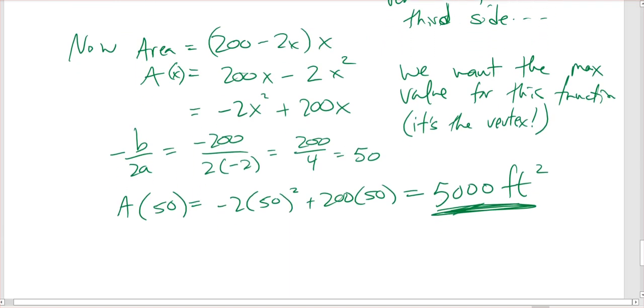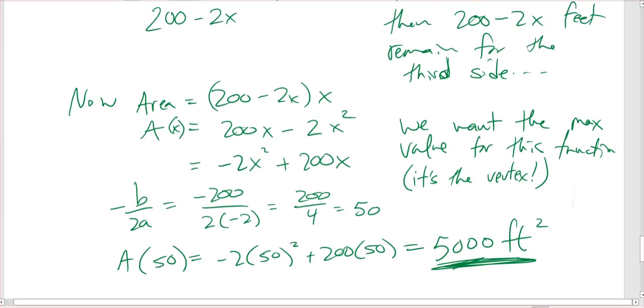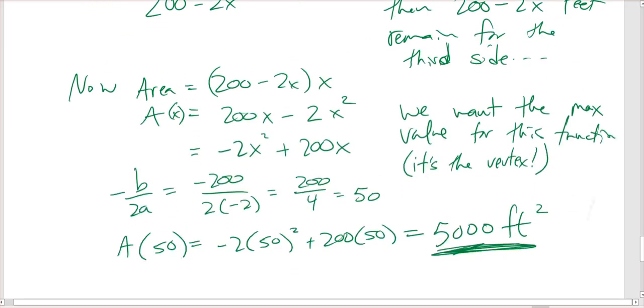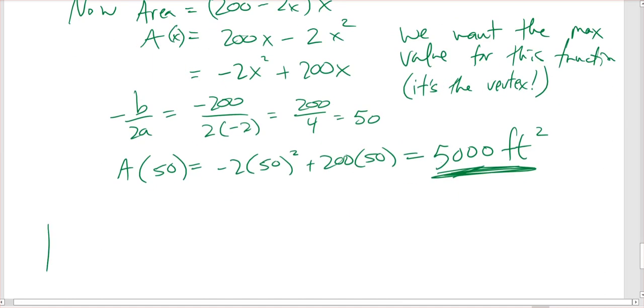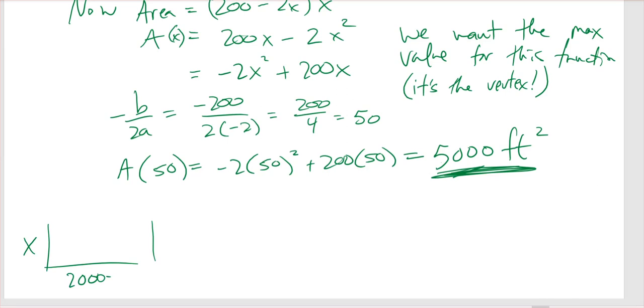Now, be careful here. Depending on the context, it might be asking you something else. It might say, what are the dimensions of the rectangle that provide the largest area? And we would need to draw this picture. This was x. This was 200 minus 2x. So if we wanted to know the dimensions, we would plug in 50 here. So x was 50.